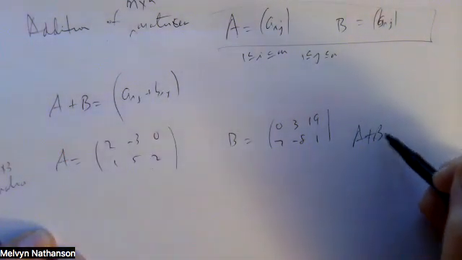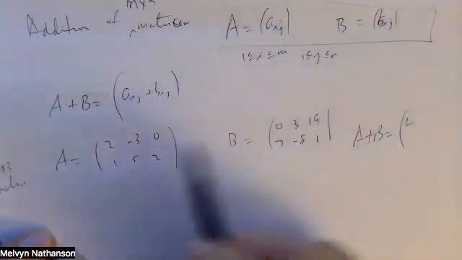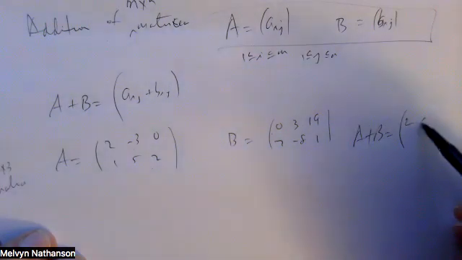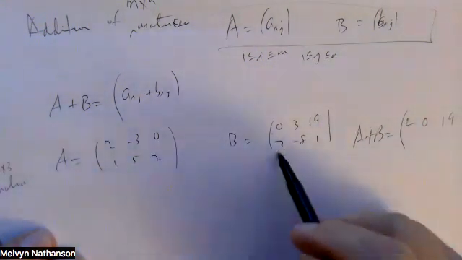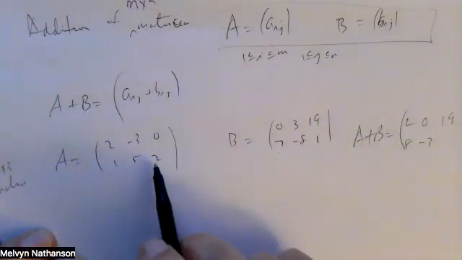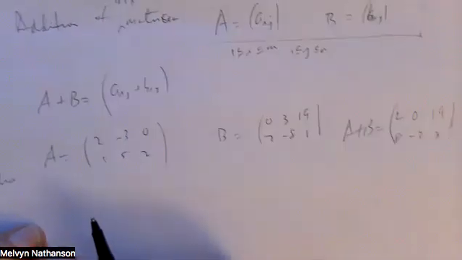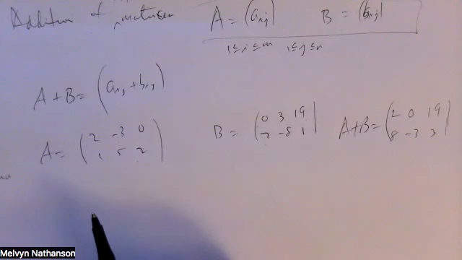And if you add them, you add coordinates. 2 plus 0 is 2. -3 plus 3 is 0. 0 plus 19 is 19. 1 plus 7 is 8. 5 minus 8 is -3. 2 plus 1 is 3. So this is the sum of the matrices.